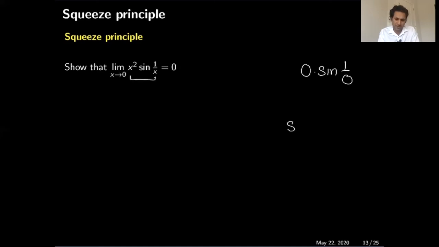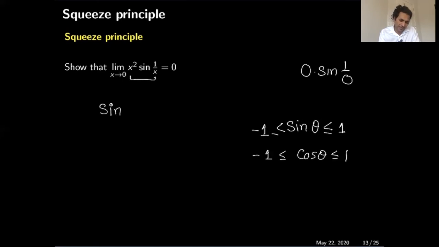We have a nice property of sine theta, which is always between -1 and 1, and the same is true for cosine theta. No matter what the angle is, sine is always between -1 and 1.